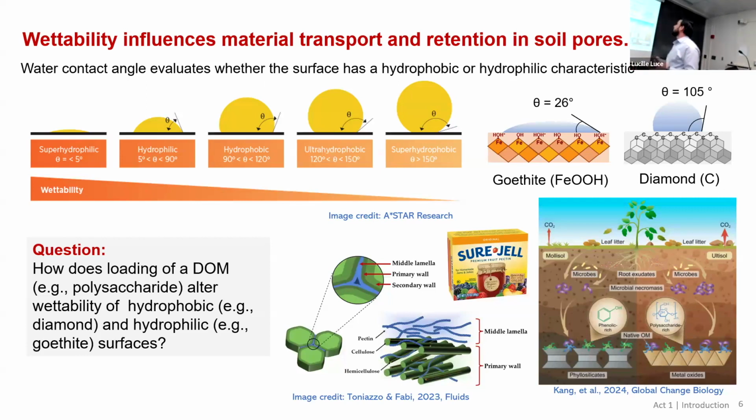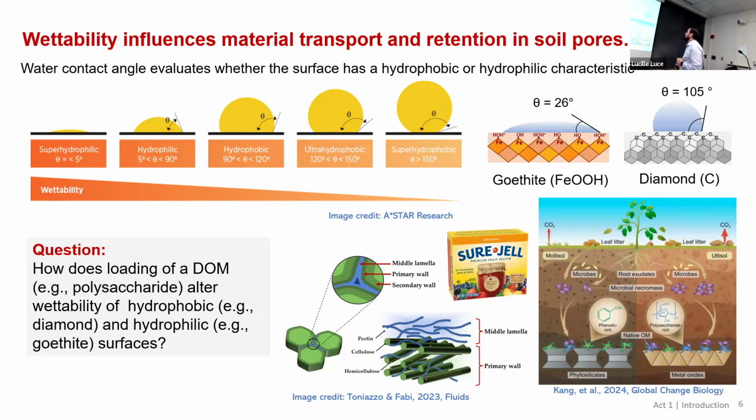So goethite is a hydrophilic surface, and I picked diamond because we have a diamond plate, and that's a hydrophobic surface. It can be used as a model to study how organo-mineral association formation can change this hydrophobicity or hydrophilicity on both surfaces. For the dissolved organic matter, I picked polysaccharide.